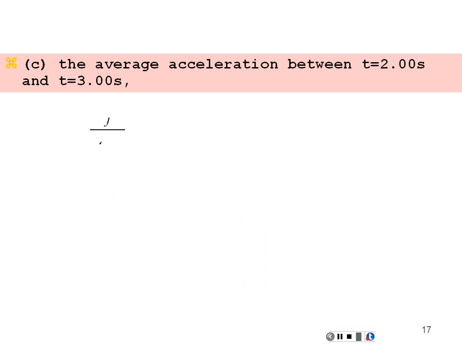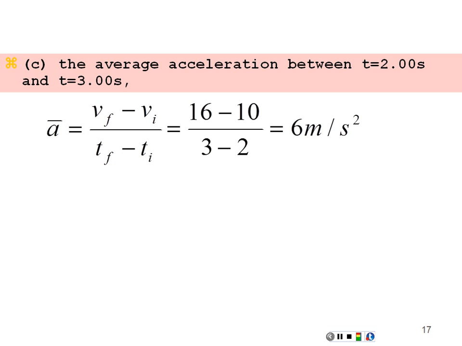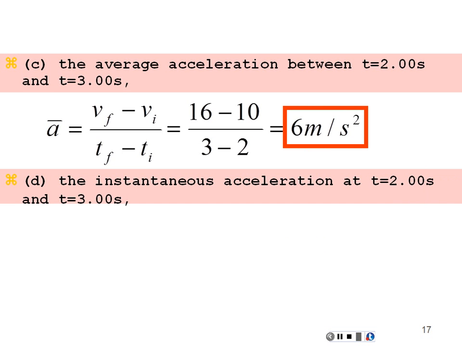In this case, my average acceleration between 2 seconds and 3 seconds is my change in velocity over my change in time. 16 minus 10 over 1 second is 6 meters per second squared. For my instantaneous acceleration, I have to take the derivative of my velocity, which is a function of time.